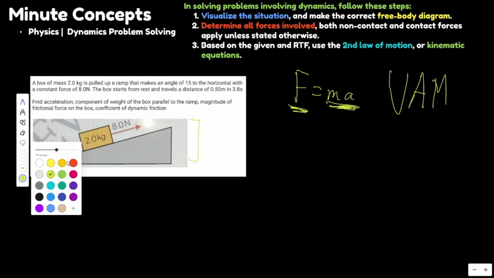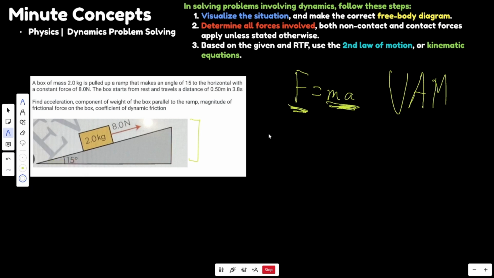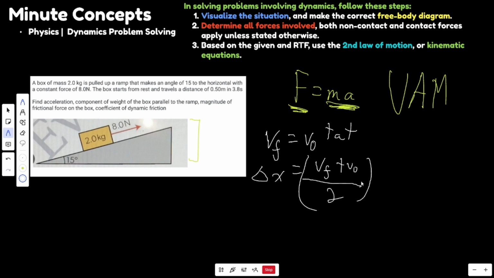So without further ado, let's try using our kinematic equations. If you recall, we have 4. The first one is Vf is equal to V0, or initial velocity, plus acceleration times time. We have delta x is equal to Vf plus V0 over 2 times time.